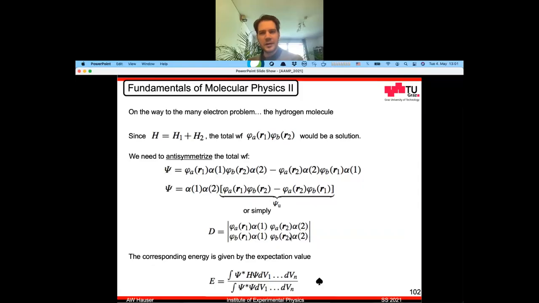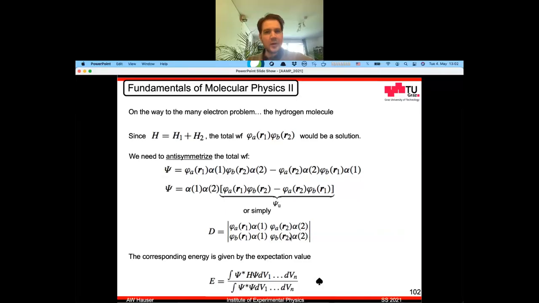The wave function must vanish, right? And so what does the determinant do if we have 2 columns which are identical? It again vanishes, right? So this is also fulfilled, which shows how the determinant really catches all these aspects that we need.